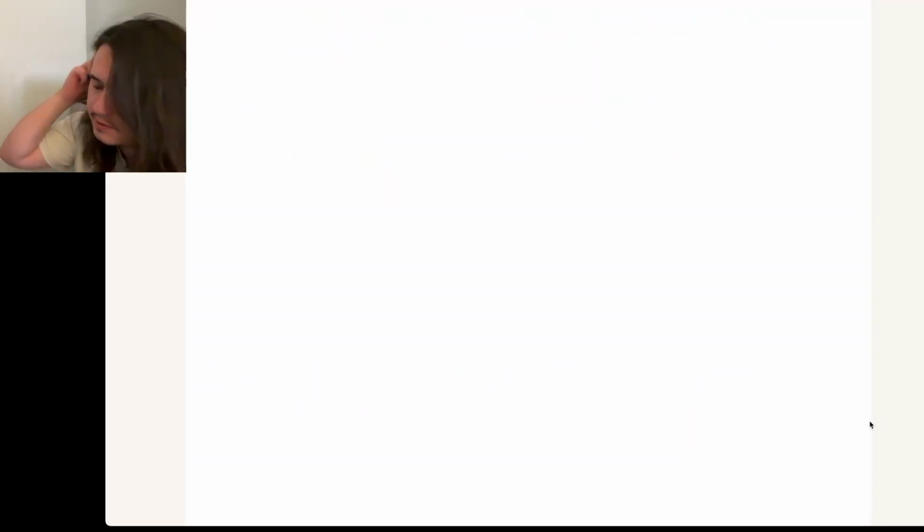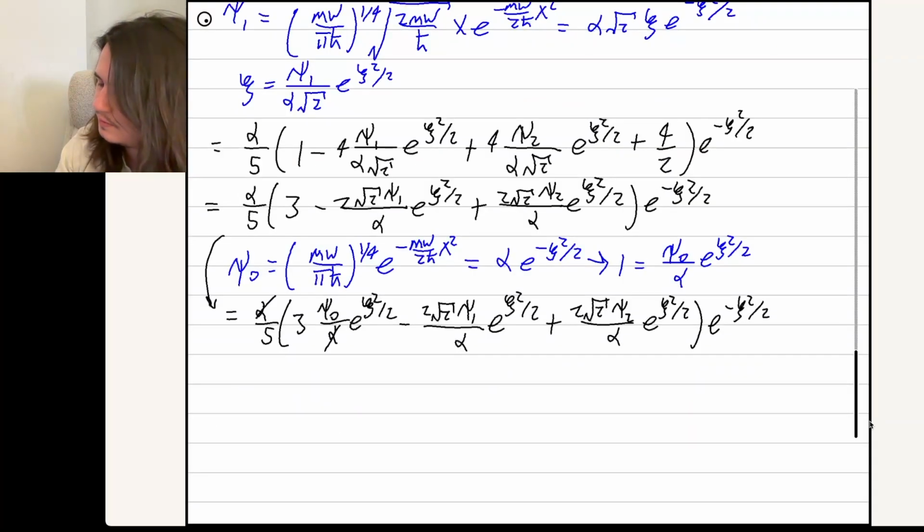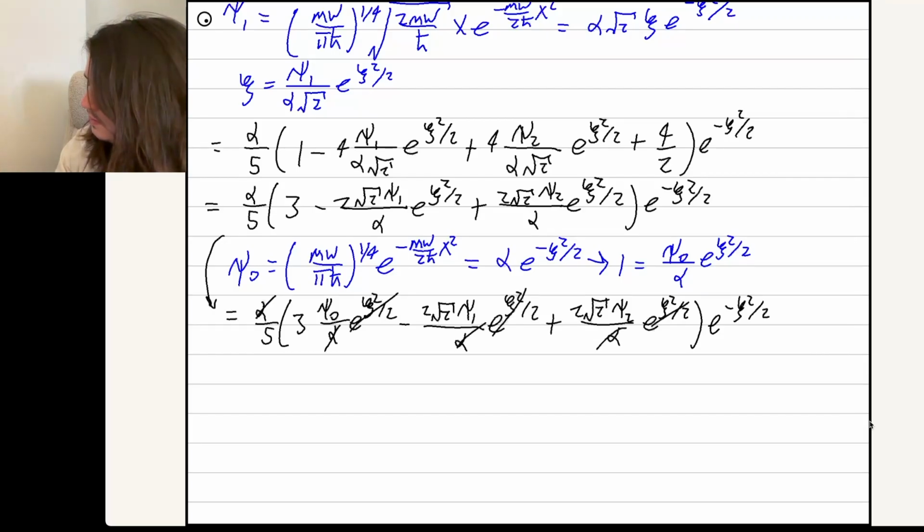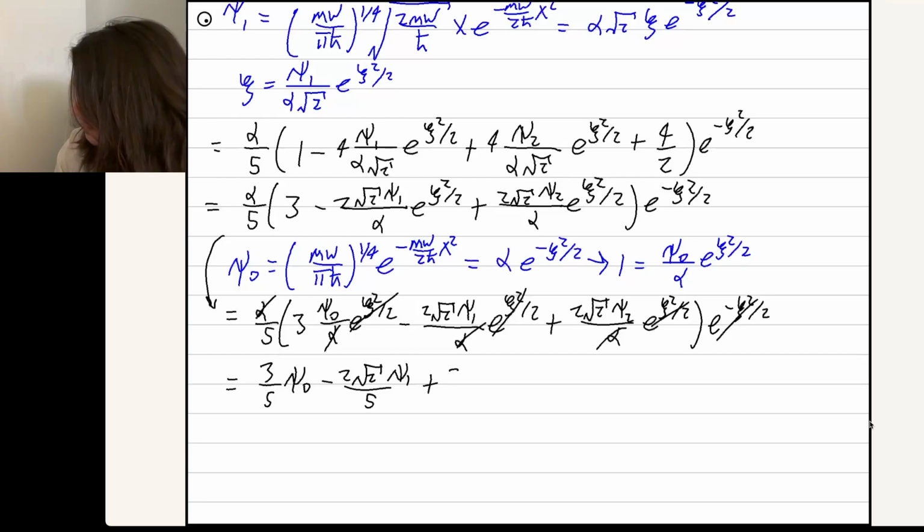And now we can let all these alphas go away and all of the exponents go away. So we just have 3 over 5 psi 0 minus 2 root 2 psi 1, and that's over 5, plus 2 root 2 over 5 psi 2.